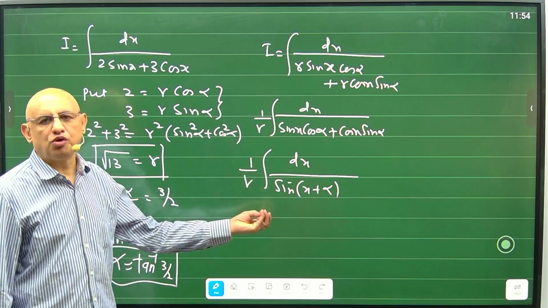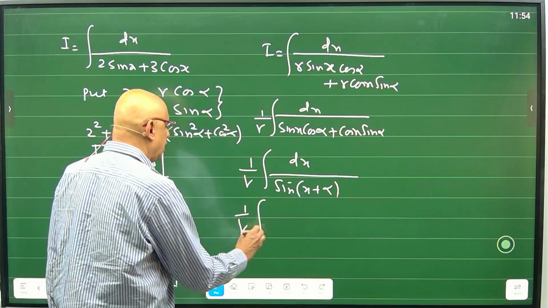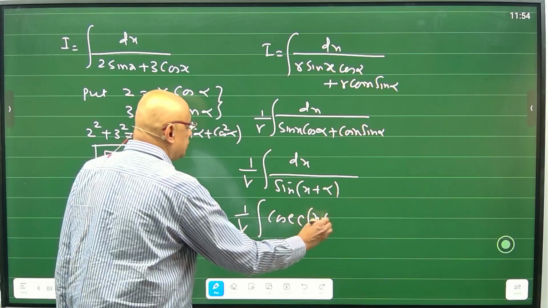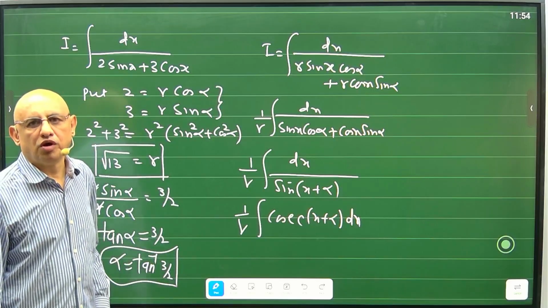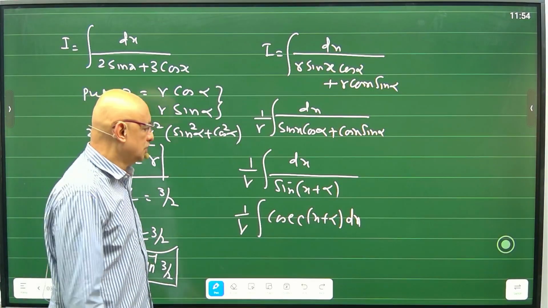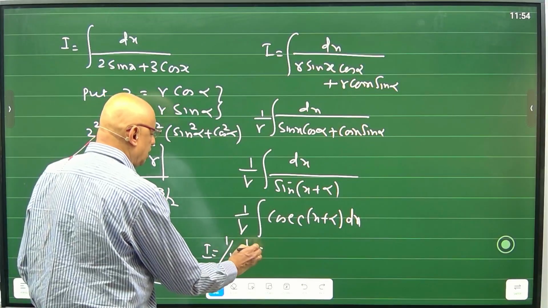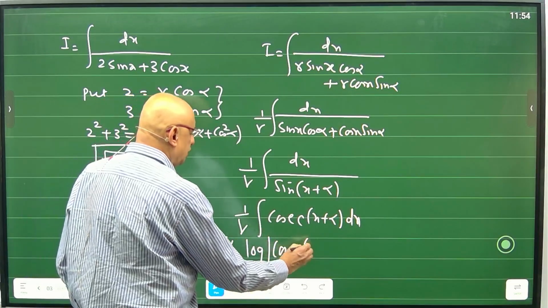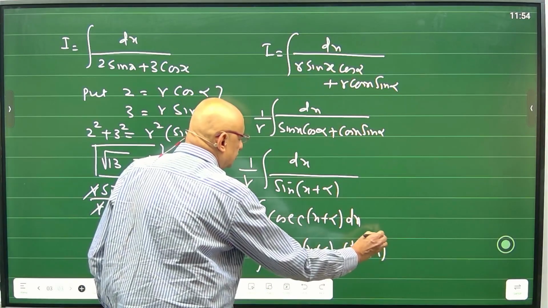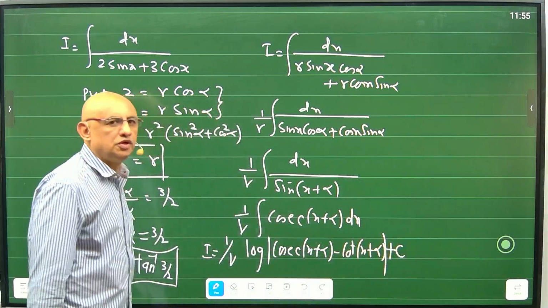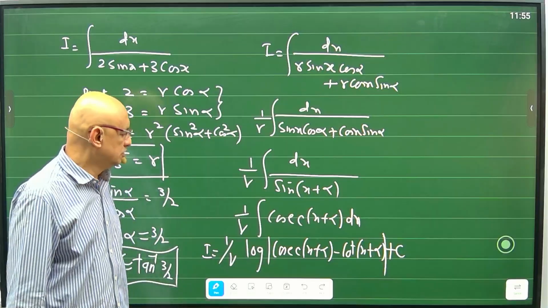So this becomes very compact and fits into a ready-made formula, because it is 1 by r integral cosec of x plus alpha. You are aware of the formula for cosec x, and use that. So almost final answer is 1 by r log of cosec of x plus alpha minus cot of x plus alpha. Remember that every log should have a modulus, not the bracket.